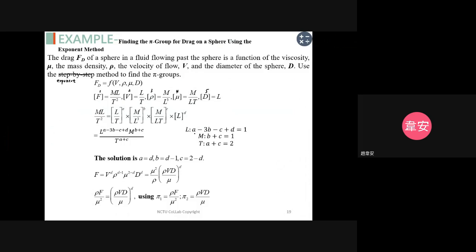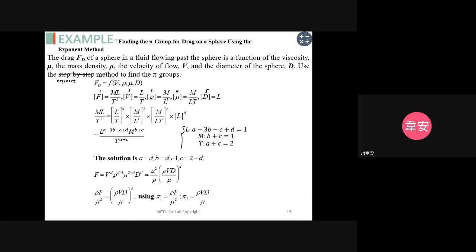So we have three equations, but there are four unknown parameters. So we solve these equations, and then we know that A is directly equal to D, B is equal to D minus 1, and C is equal to 2 minus D.